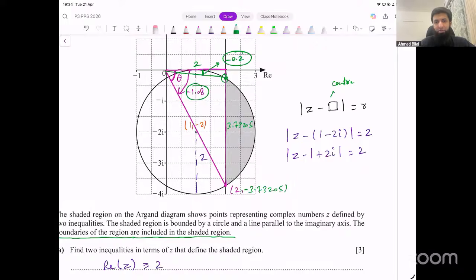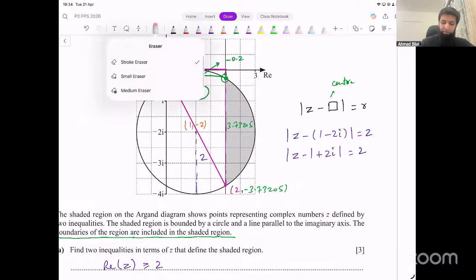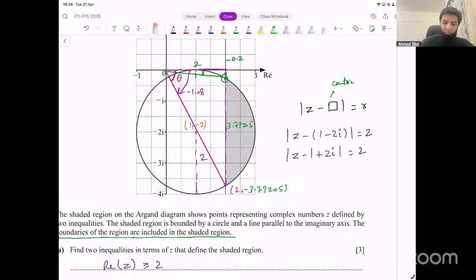Negative 1.08 is smaller. So this is going to be the least argument. If they had asked you for the greatest argument, in that case we would take the top point. That will be the greatest argument. This point will give you the greatest possible value of the argument. Is that okay?